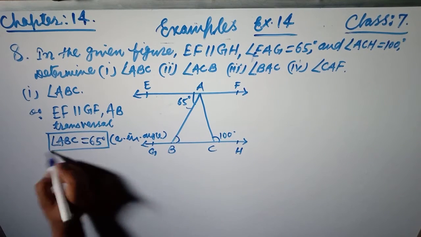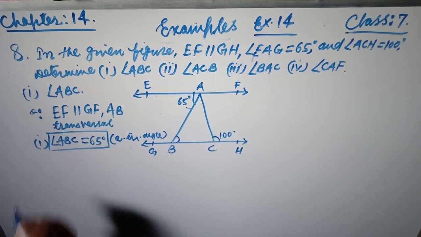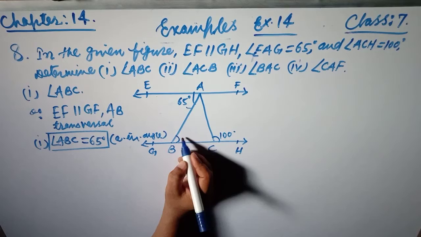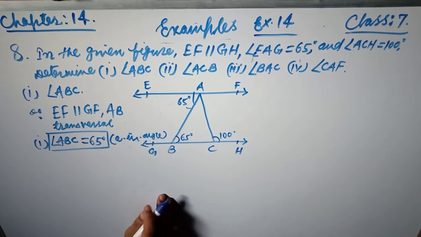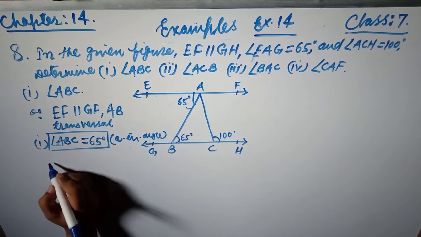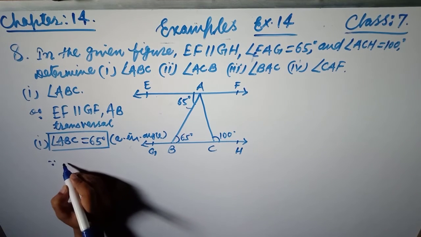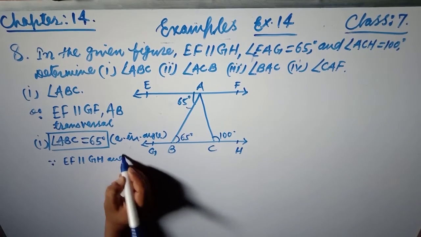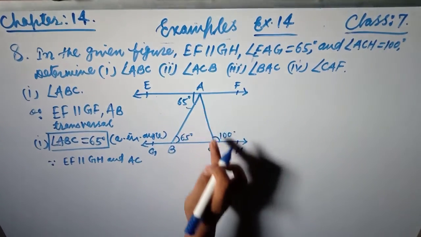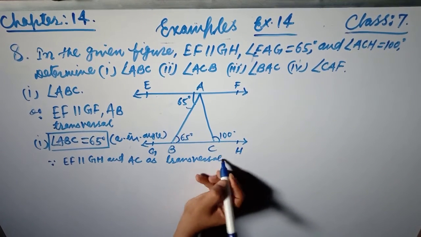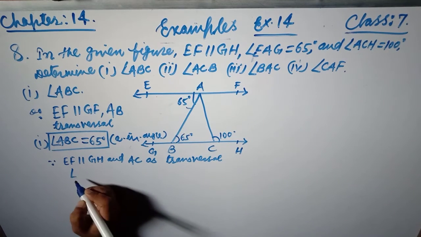This is the first answer. Now we have to find ACB, friends. So this angle is equal to 65 degrees. Now have a look, friends. Since EF is parallel to GH and AC is a transversal, we can write the angle.